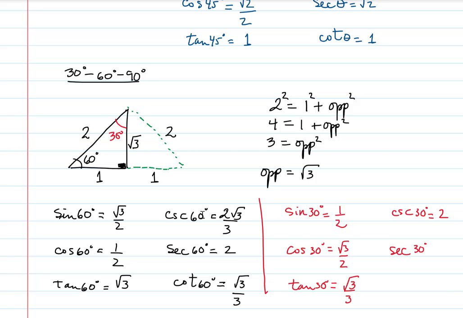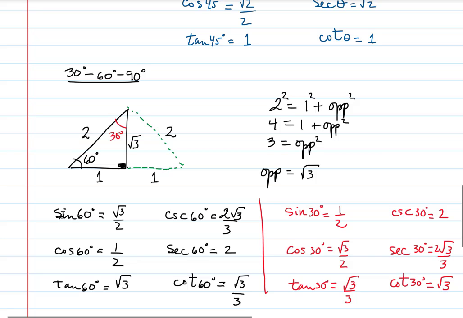Secant of 30 is 2 square root of 3 over 3, already rationalized, and cotangent of 30 would be square root of 3. Now hopefully you get to see some pattern emerging here on the trig functions of 60 and 30.